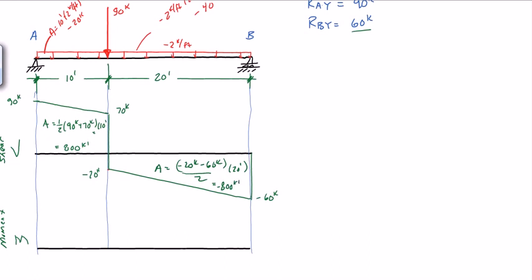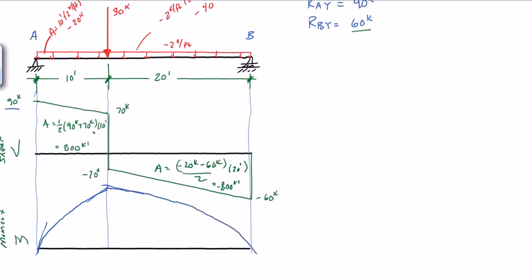Which makes sense. So we start off with a slope, same as the shear, of 90. We go into our maximum point here with a slope of 70, so it's going to curve like this. Then we come out with a shallow slope of 20 and end with a steep slope of 60.